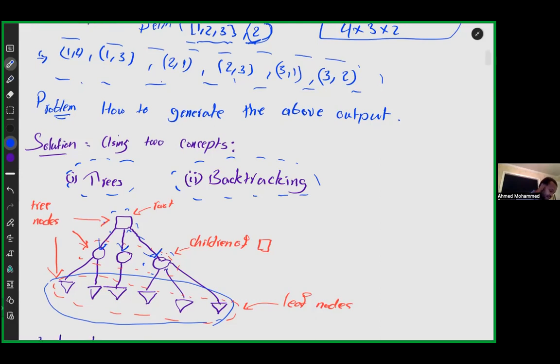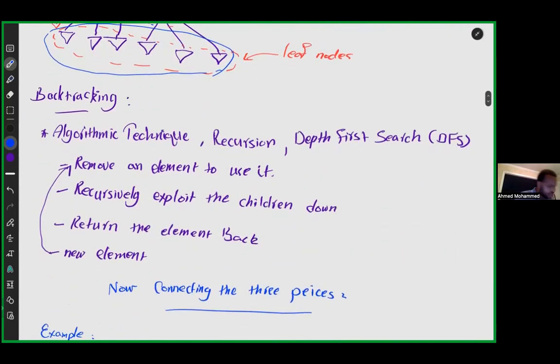The other concept is backtracking. Backtracking is an algorithmic technique that uses recursion and depth first search.